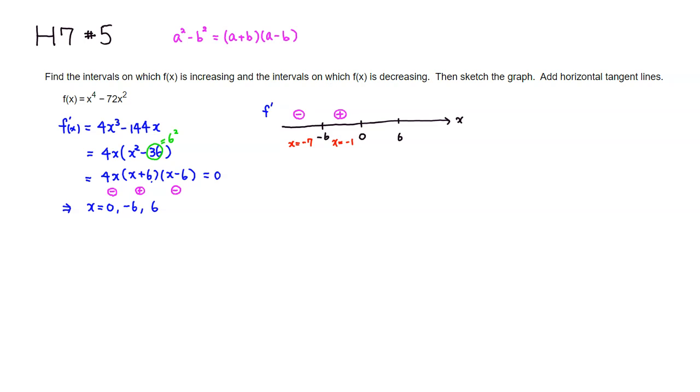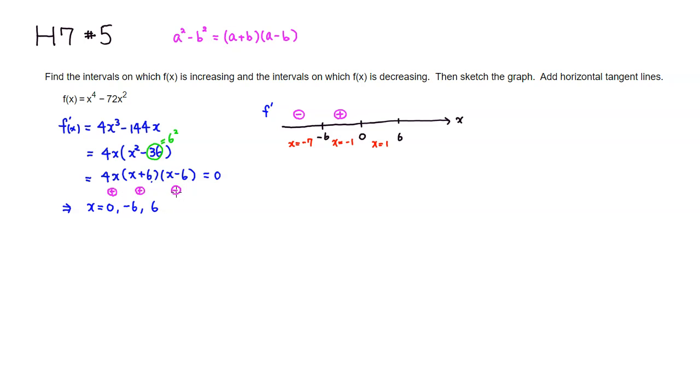The next sample number is between 0 and 6, so we can try positive 1. Here 4x is positive, x plus 6 is positive, and 1 minus 6 is negative.